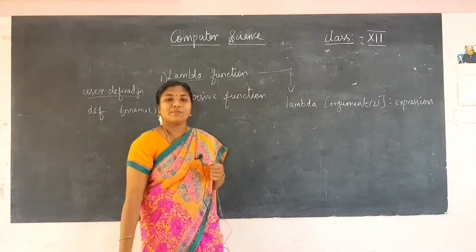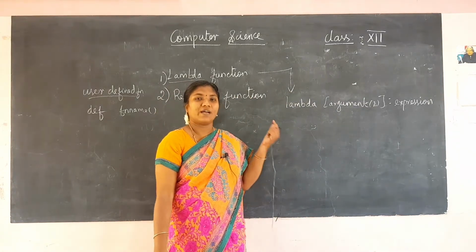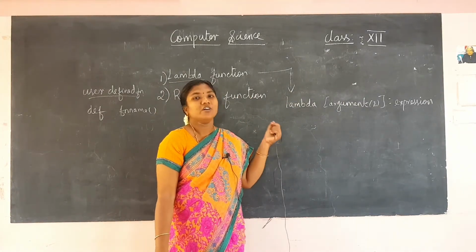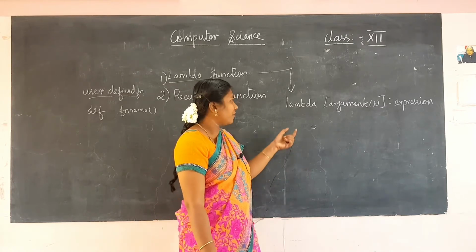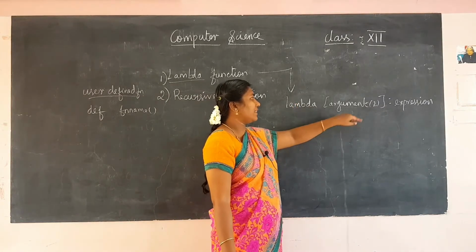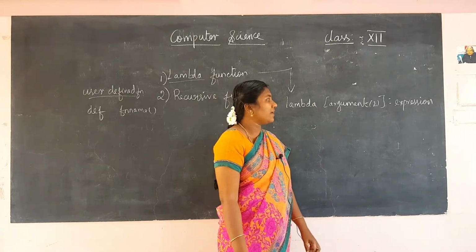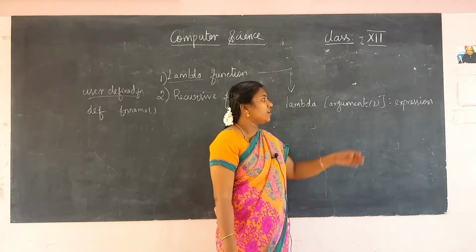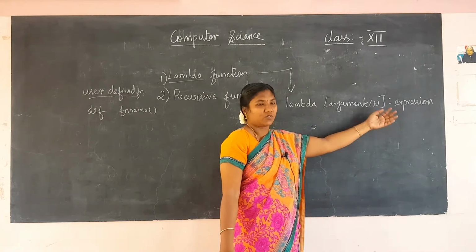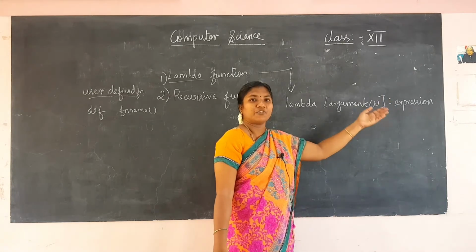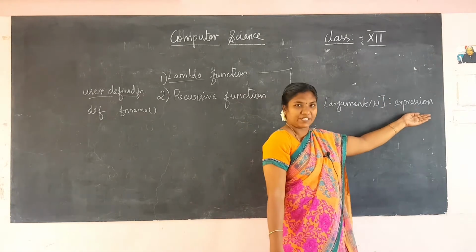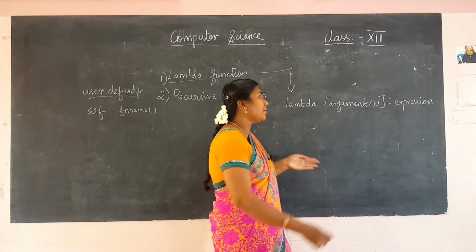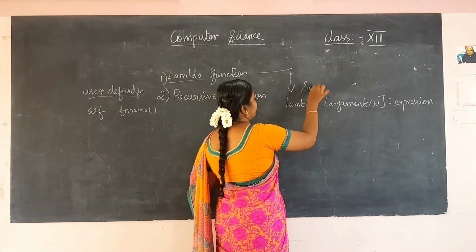As it is a small function, the lambda function is used for small functions only. The expression gives what value it should calculate. So this is the syntax for the lambda function.